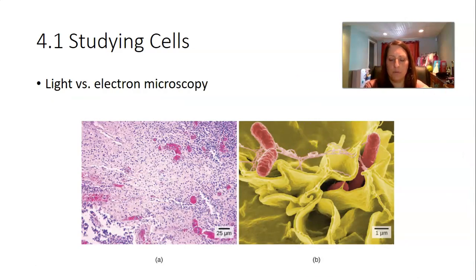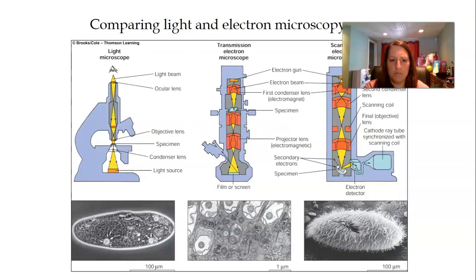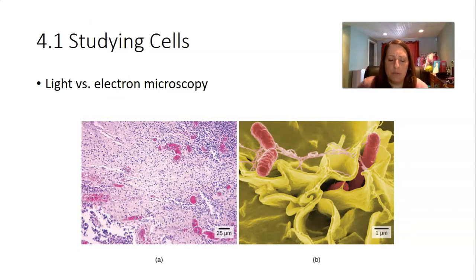Okay, so before we jump into looking at the two types, I just want to show you the difference in images. So in image A here on our left, this is taken with a light microscope. Okay, you can see cells, and you can see what's shown in this picture, which is a bacterial infiltration of tissues.